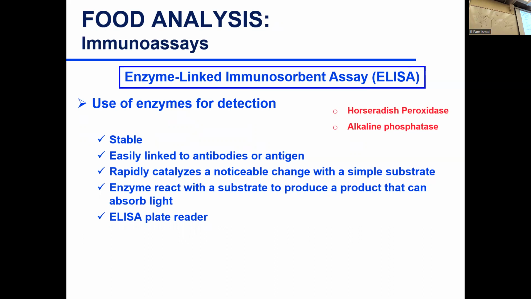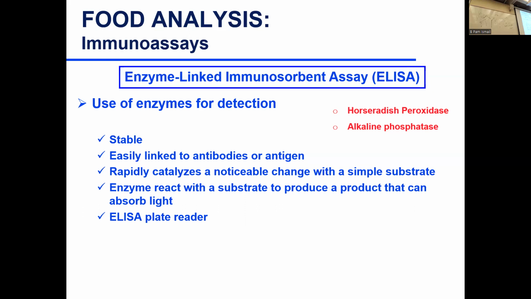Why? They are stable. They are proteins, so they can easily be linked to your antibodies or your antigen. They are fast. They catalyze a change quickly. So you can see by spectroscopy, you can get a color and you can detect that color by measuring absorption. So we use a specific substrate that generates the color.